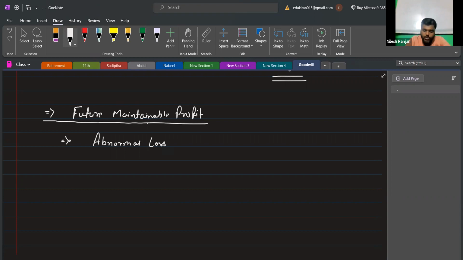Do you know examples of these items? Can you tell me one or two examples related to abnormal loss, abnormal income, future expenses, or future income? Sir, abnormal loss would be loss by theft. Yes, abnormal loss is loss by theft. Very good. Fire.